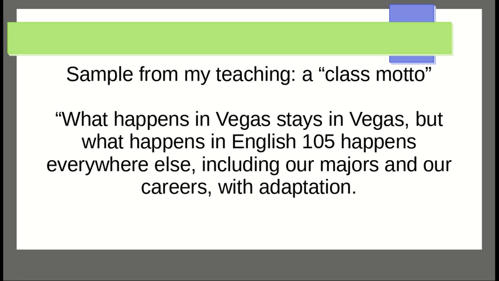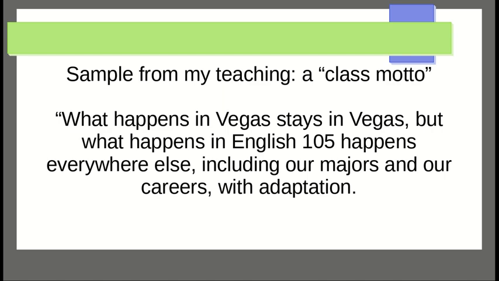One thing that I've done over the years, I think especially from reading this literature on expansive framing, is I like to have a class motto. I spend a lot of time working with college freshmen just out of high school, and so I like to use one that's memorable to them, and I repeat it with them quite a bit. "What happens in Vegas stays in Vegas, but what happens in English 105 happens everywhere else, including our majors and our careers, with adaptation."